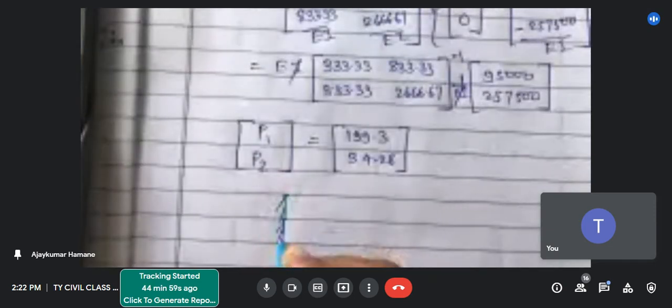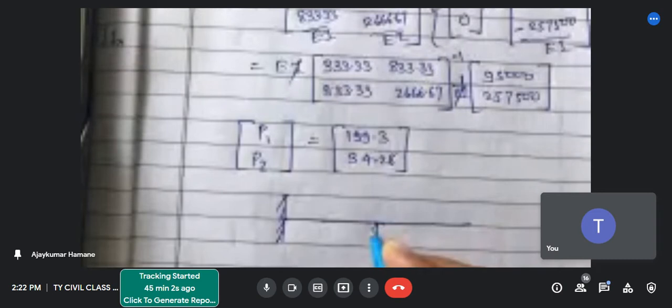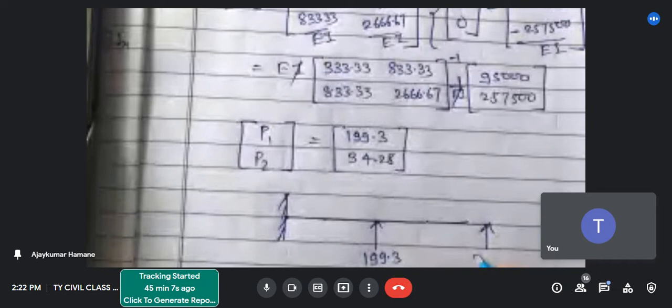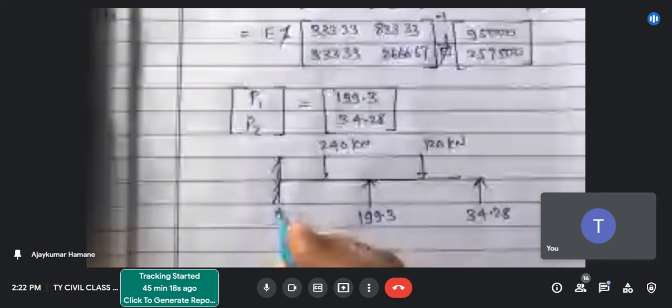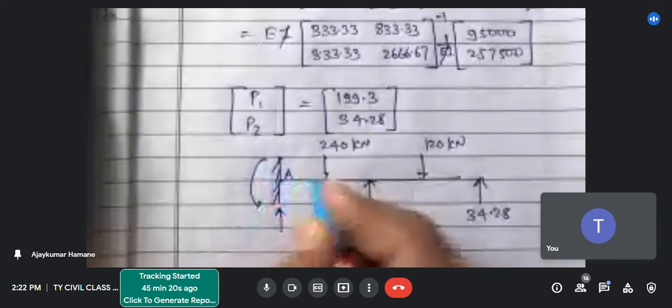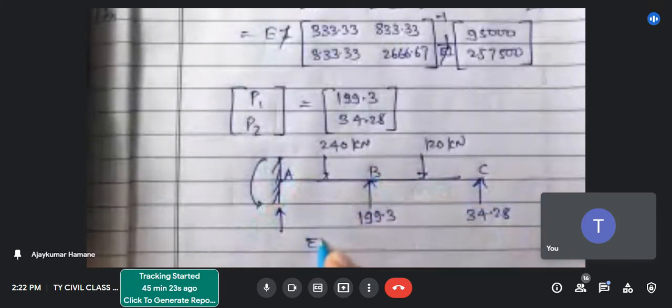So in this cantilever beam, the reaction along one coordinate is 199.3, along this one is 34.28, and the load is 120 kilonewton, and load is 240 kilonewton. Now we can analyze this beam, we can find out this one and this one, A, B, C. Summation of Fy must be equal to 0. So Fa plus 199.3 plus 34.28 is equal to 240 plus 120.